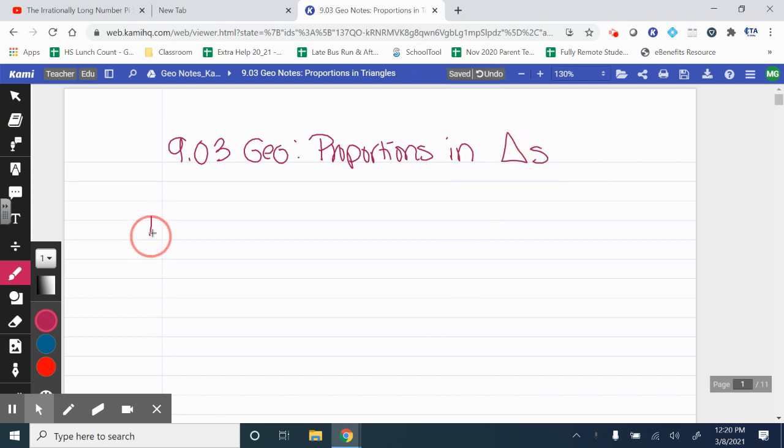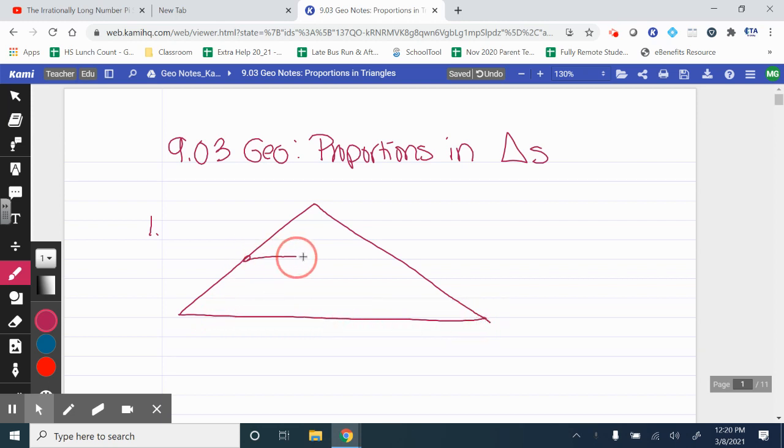So first, I'm going to give you a picture here of a triangle. And this is going to be B, A, E, D, and C. And we know that these two segments right here are parallel to each other.